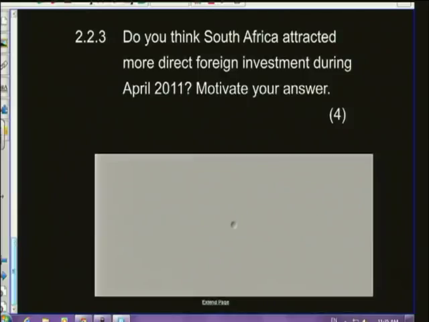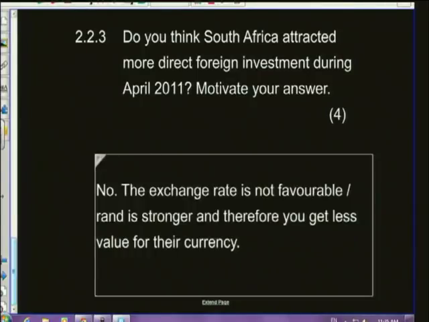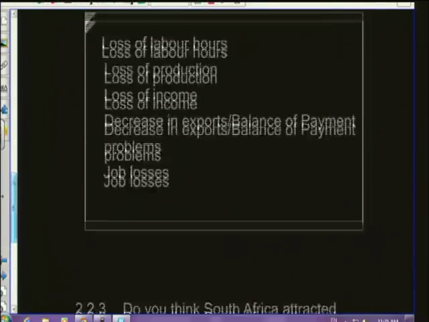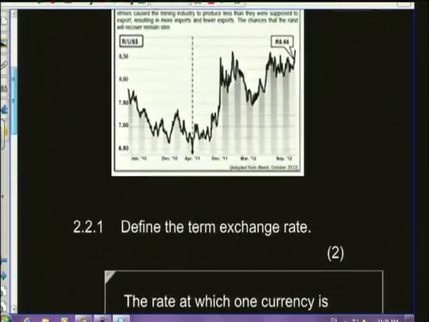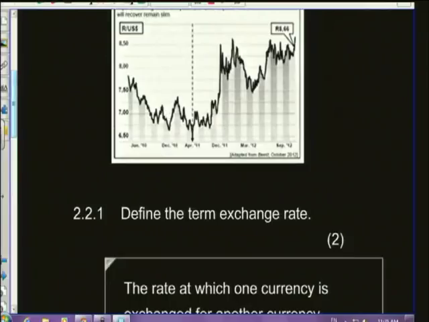2.2.3, do you think South Africa attracted more direct foreign investment during April 2011? Motivate your answer. Let's look at the answer that we have here. The answer is no, and the reason for that, you will have to go back to the graph to be able to see what is happening. As you can see how the value of the rand changes over a period of time.